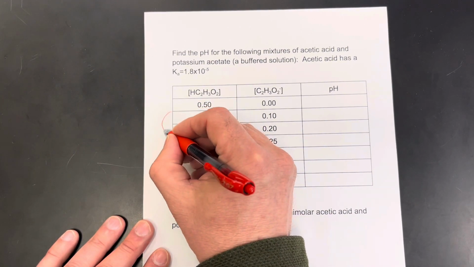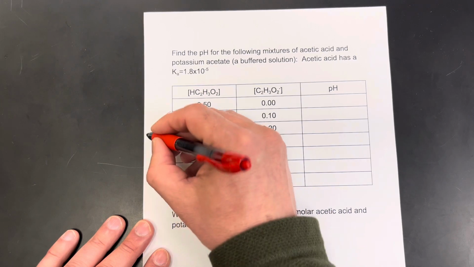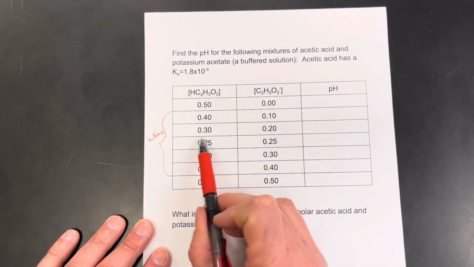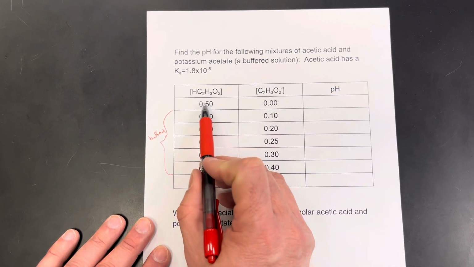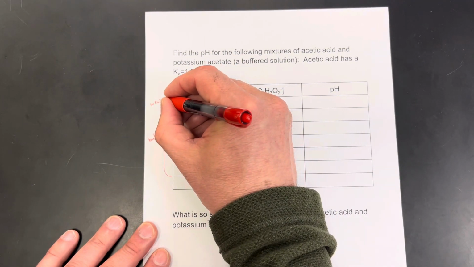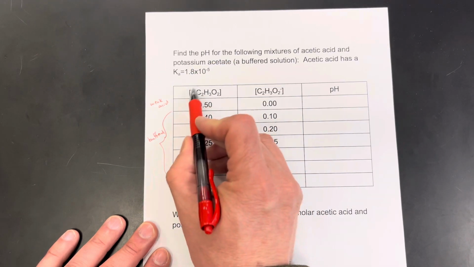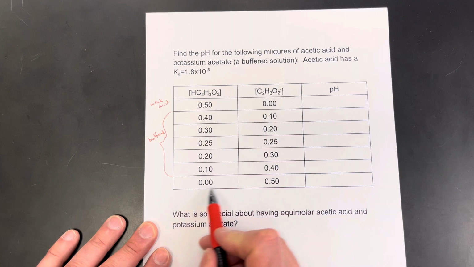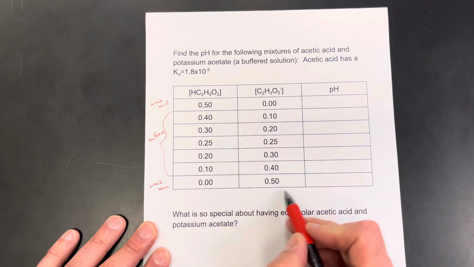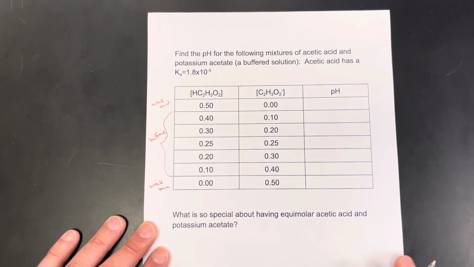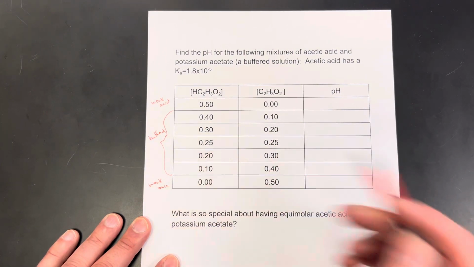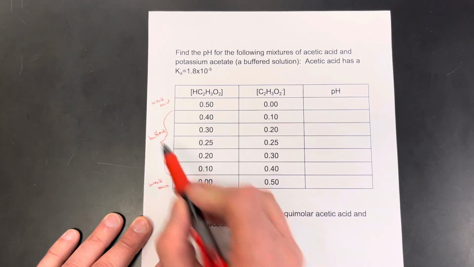The only buffered solutions we have here are in the middle, where both the acid and the conjugate base are present. Since the first problem is missing the acetate ion, it is simply a weak acid problem, because only weak acid is present. And the one at the bottom is a weak base problem, because the only thing present is the weak base, the acetate ion. So our job today is to calculate the pH of the weak acid and weak base problems and all the combinations where it's buffered.